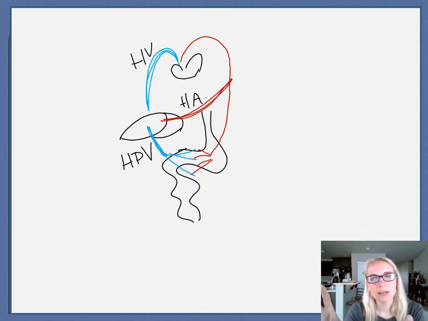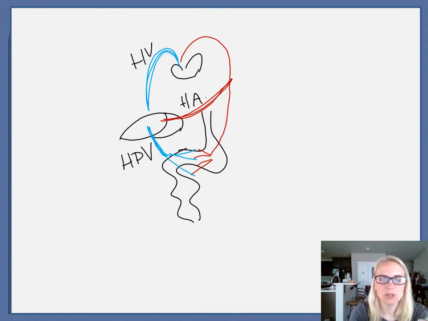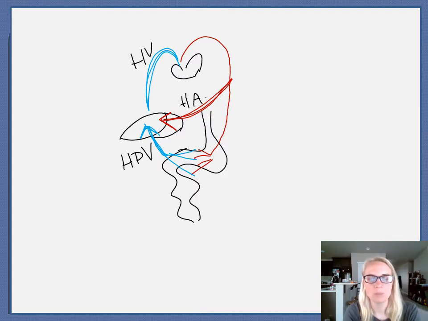So the liver is actually getting two sources of blood. It's getting the oxygenated blood from the hepatic artery coming off the systemic circulation, and it is getting the nutrient-rich venous blood coming from the capillary beds in the digestive viscera.